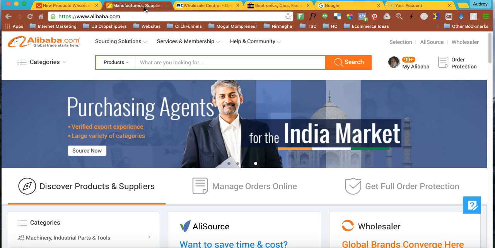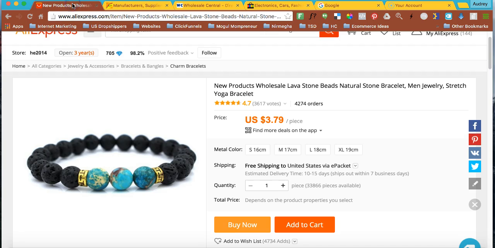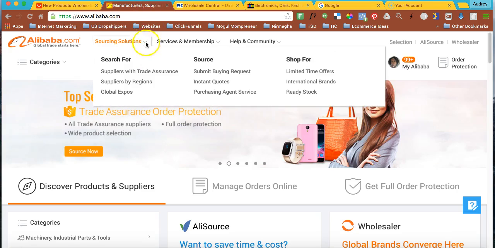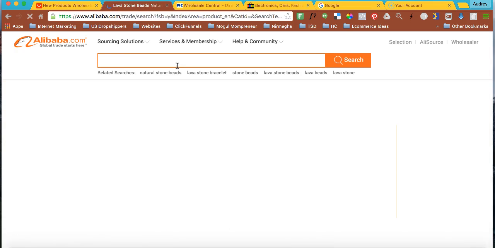So you have AliExpress, which is the retail side. Then you have Alibaba, that is the wholesale side. So if I wanted, I could take this bracelet, and let's just take a couple of the words, and I could see how much it's going for on Alibaba.